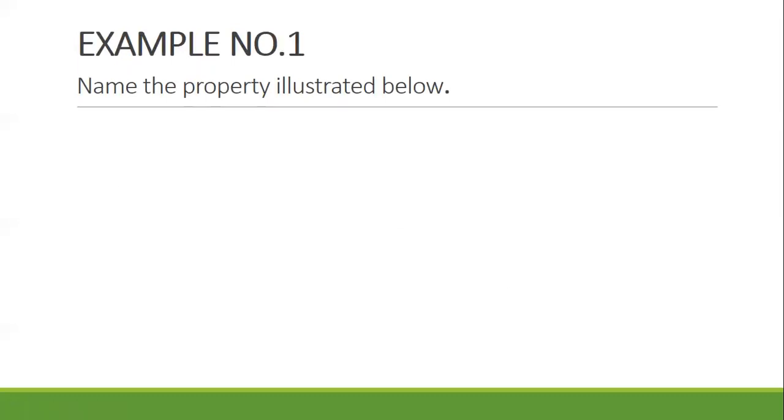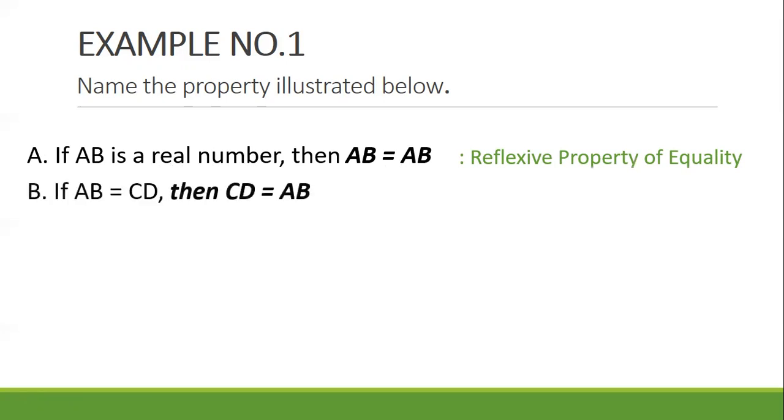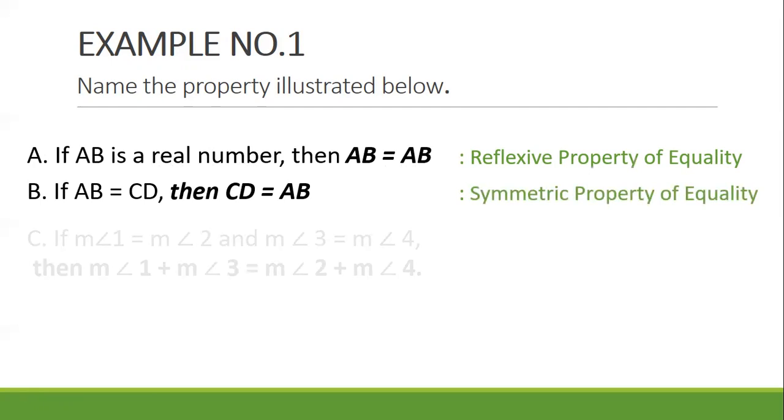So let's have an example. Name the property illustrated below. Letter A. If AB is a real number, then AB equals AB. We have reflexive property of equality. Letter B. If AB is equal to CD, then CD equals AB. This is symmetric property of equality.